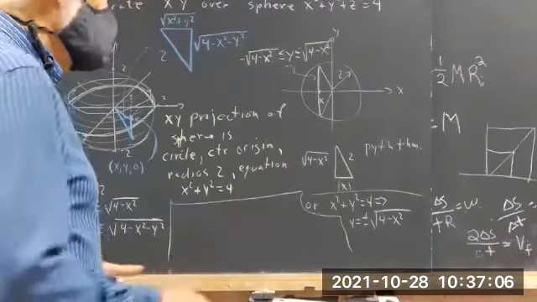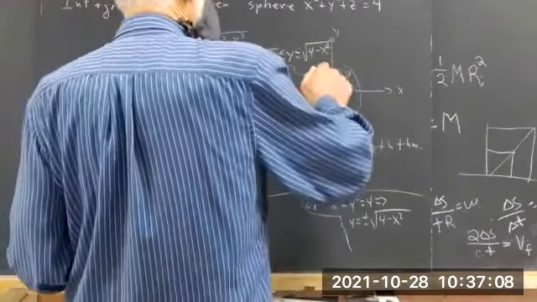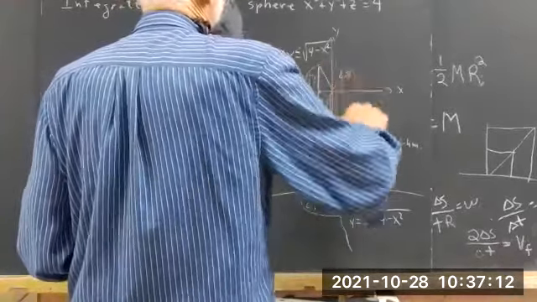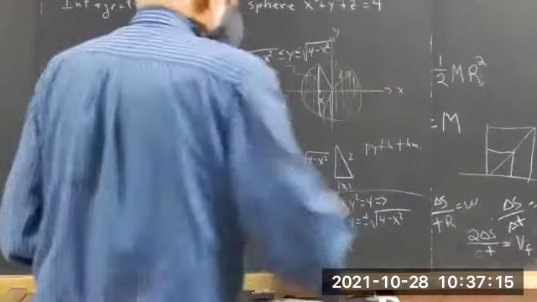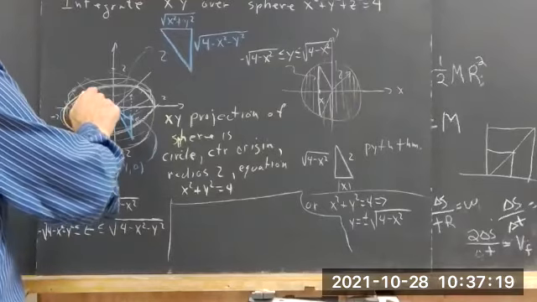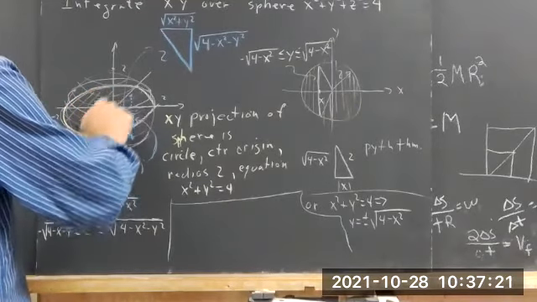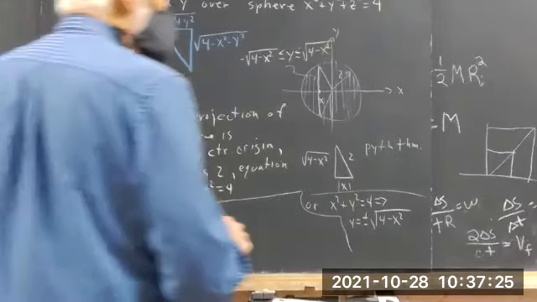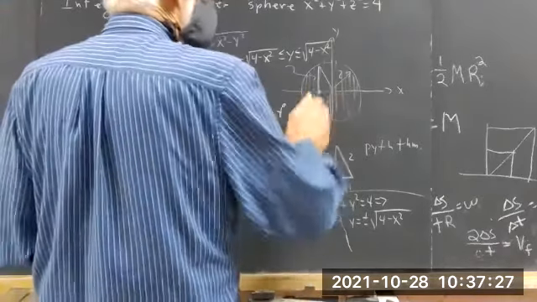It might be pretty tedious, but you've got to keep reminding yourself of what you're doing. Partition this circle into vertical strips. And that would be like partition it into strips here. And then you partition each strip.